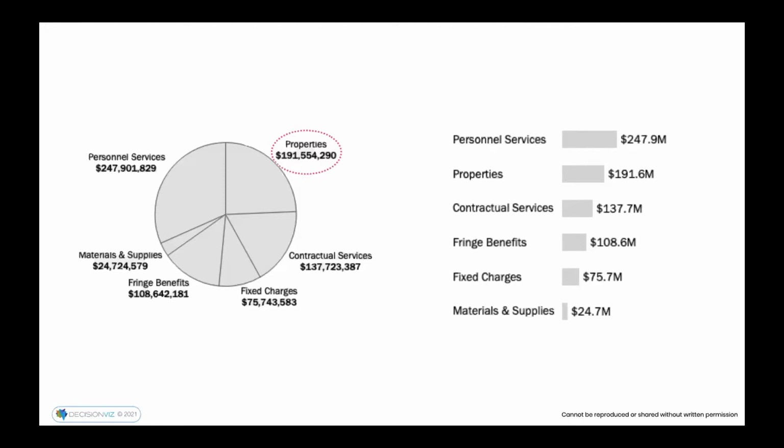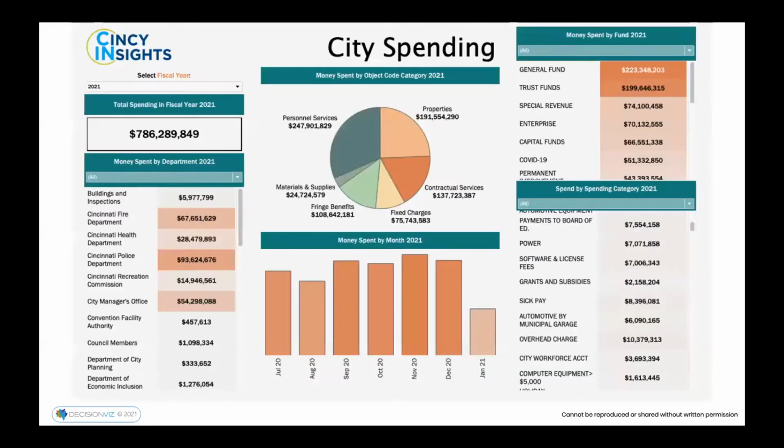But really, when you think about it, if I showed this with just a single decimal point and turned it into millions, that's probably enough to help people make a decision. So we can really clean it up. It takes up a lot less space, and it's a lot easier to understand the range of information as well, because I can see from about 250 million all the way to that 24, 25 million pretty easily. So now let's take a look at some of the other things that are going on here.